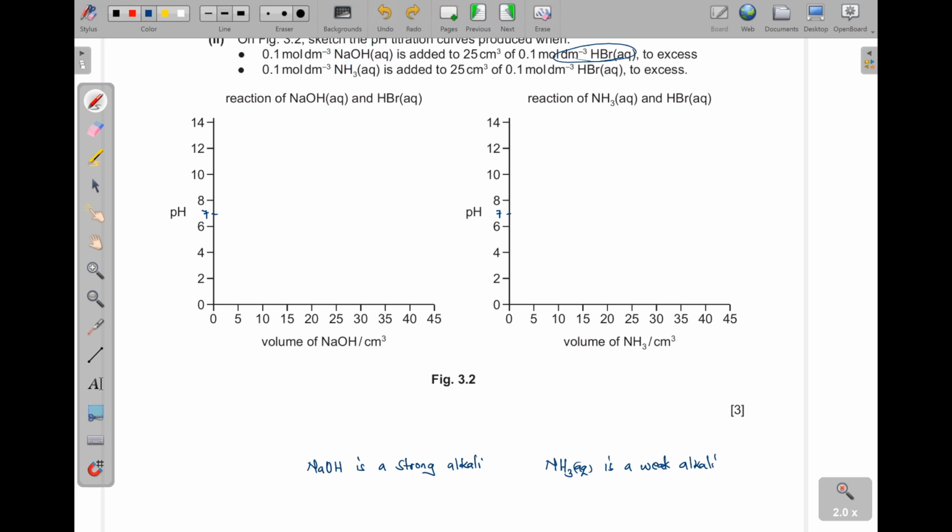So that means the equivalence point, the neutralization point, is going to be at exactly 7, okay? Look at the molarity here. This is 0.1, 0.1, added to 25 cubic centimeters of this. So when we also add 25 cubic centimeters of this, remember when they react, it is 1:1. The mole ratio is 1:1.